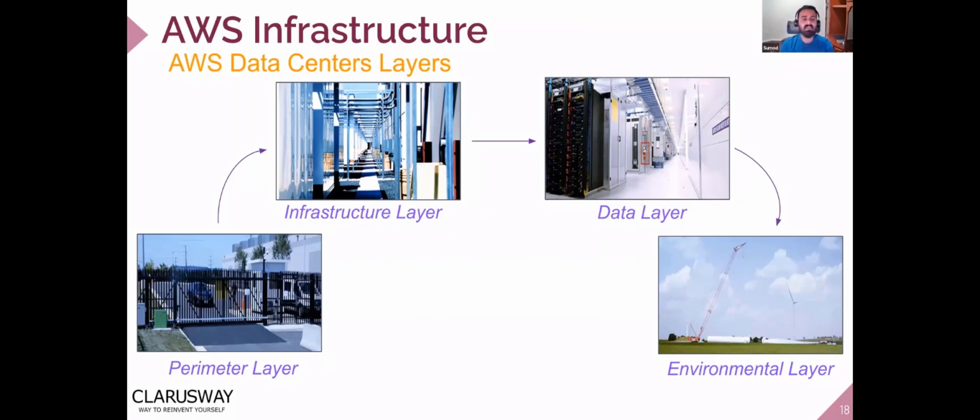Not only AWS, any cloud providers or any on-prem data center providers take extremely high caution, because the data they're dealing with is of different kinds, and if something goes wrong, the problems and the legal liabilities they're going to face are huge. So they don't play around with infrastructure security. Everything is taken care of by them.